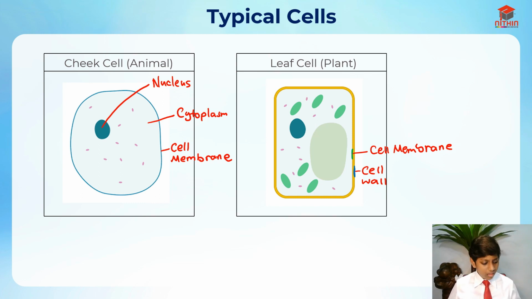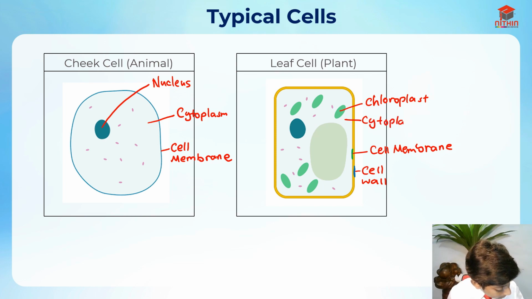Next, the other new part is the chloroplast. This is the chloroplast. The round green disc-like thing is the chloroplast. Next, let me label the parts that we have already learned. So cytoplasm over here, and then the nucleus.